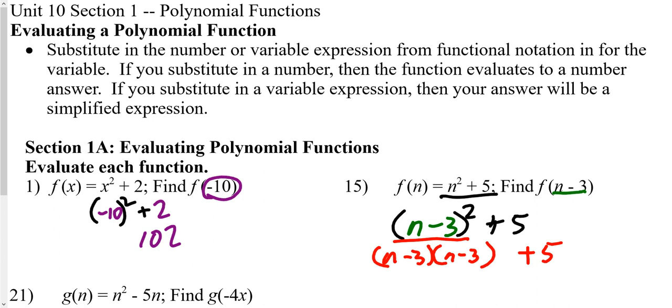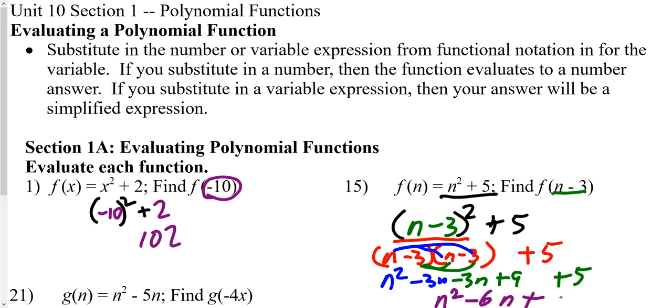Our n times n, our n times our negative 3, and then we have to multiply out the inner terms here, negative 3n, do our last terms, get plus 9. Still with that plus 5 at the end, combine together any like terms we have, so we get a total of negative 6 of the n's plus 14 from our 9 and our 5.